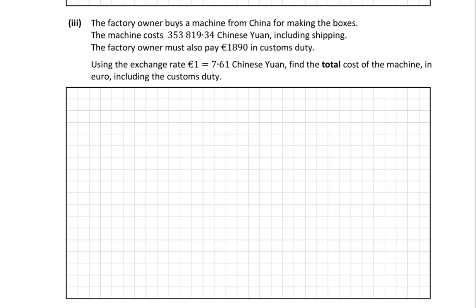So write down the exchange rate, put what you're looking for on the right hand side. We're looking for euros, so put 7.61 on the left hand side and put the euro on the right hand side. We want this many Chinese yuan, so we want to go down to 1 and then up to 353,819.34.